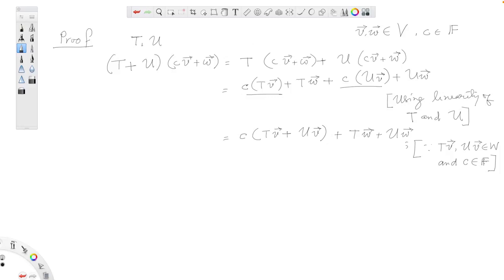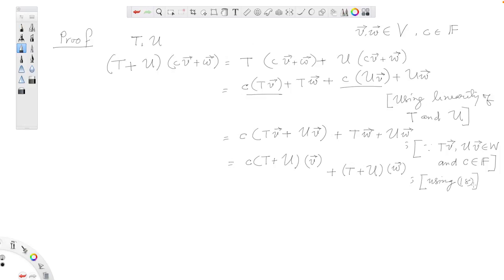Now this will be equal to, according to the definition of addition of two such functions given by equation 18, c times (T plus U) acting on v plus (T plus U) acting on the vector w. This we can do using 18.